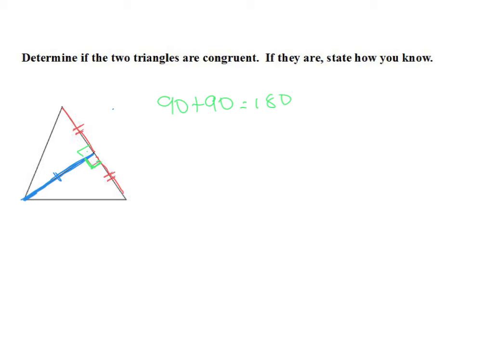And now I'm going to determine what information I have. I have a side, I have an angle, and I have a side. And I'm verifying that that angle in green is actually in between the two lines. It's in between the blue and the red, so it's the included angle. So yes, these two triangles are congruent because of side, angle, side.